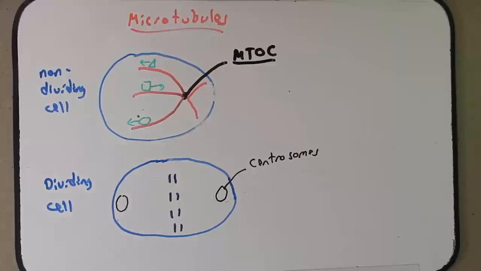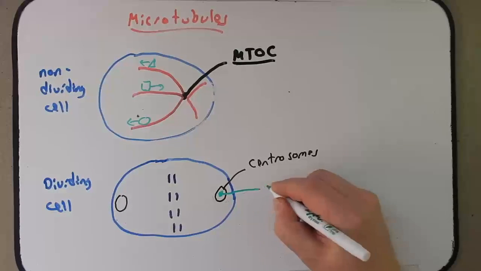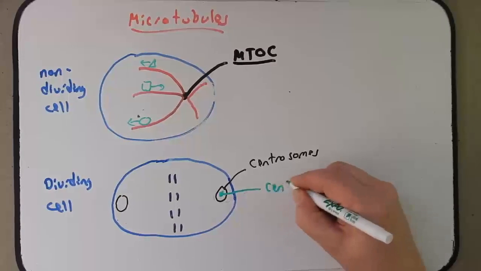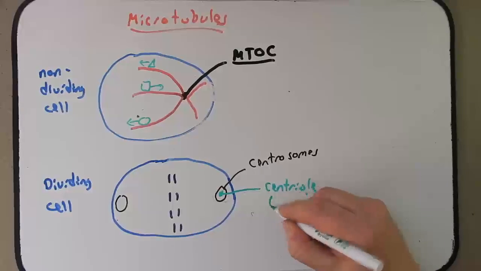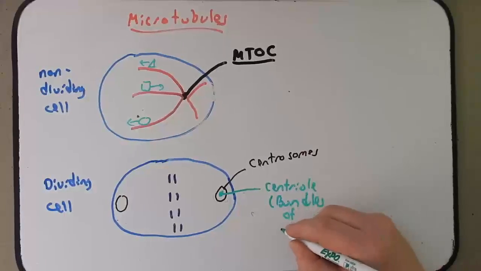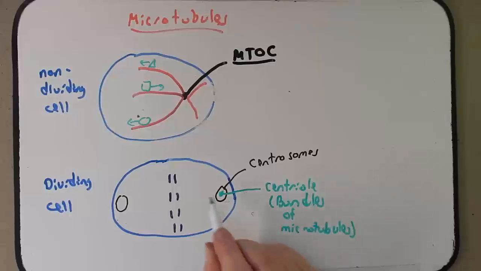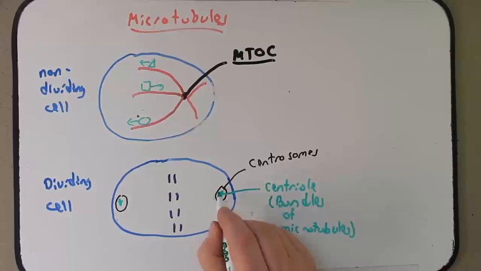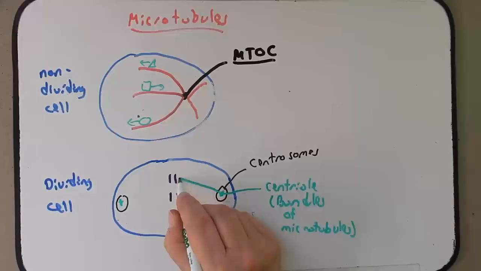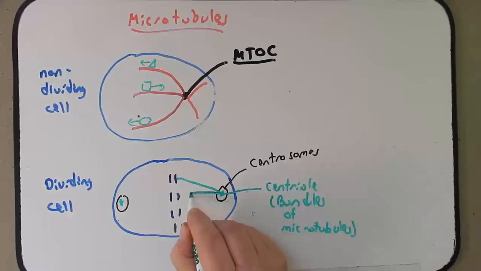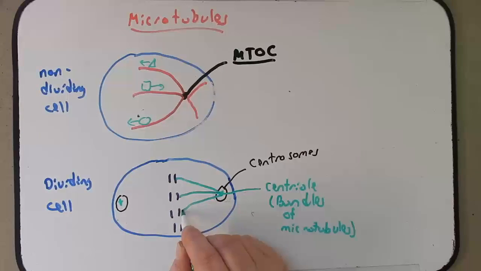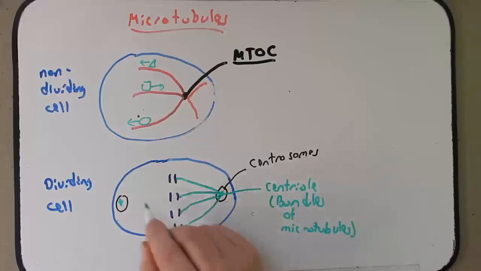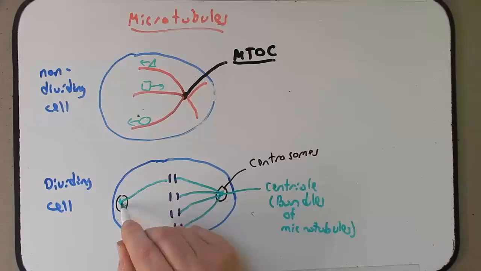And inside each centrosome were a pair of structures called the centriole. These centrioles are bundles of microtubules. And the role here is they serve as an organizing center to send out growing microtubules to attach to the chromosomes.